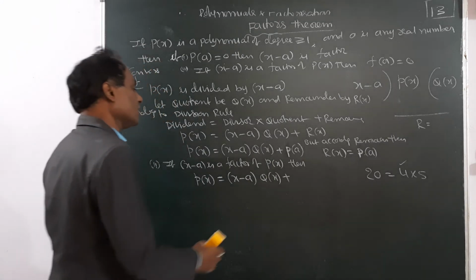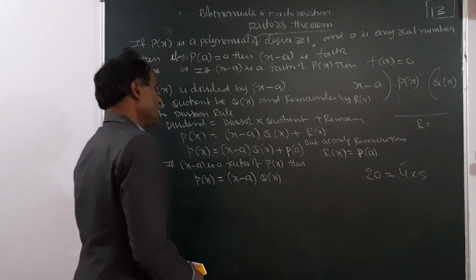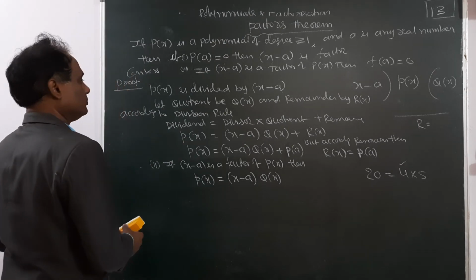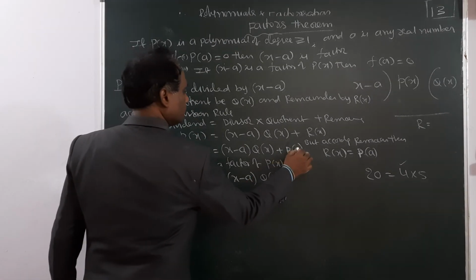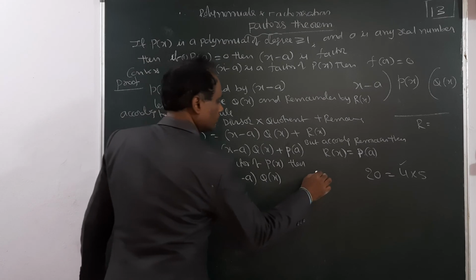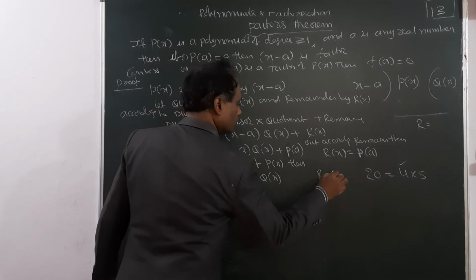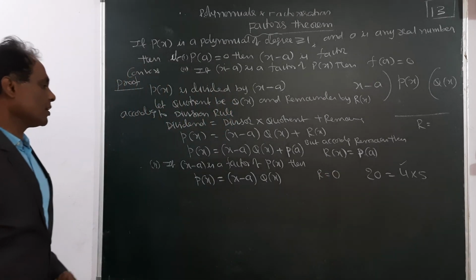Factor means the remainder is 0. So the remainder is equal to 0.